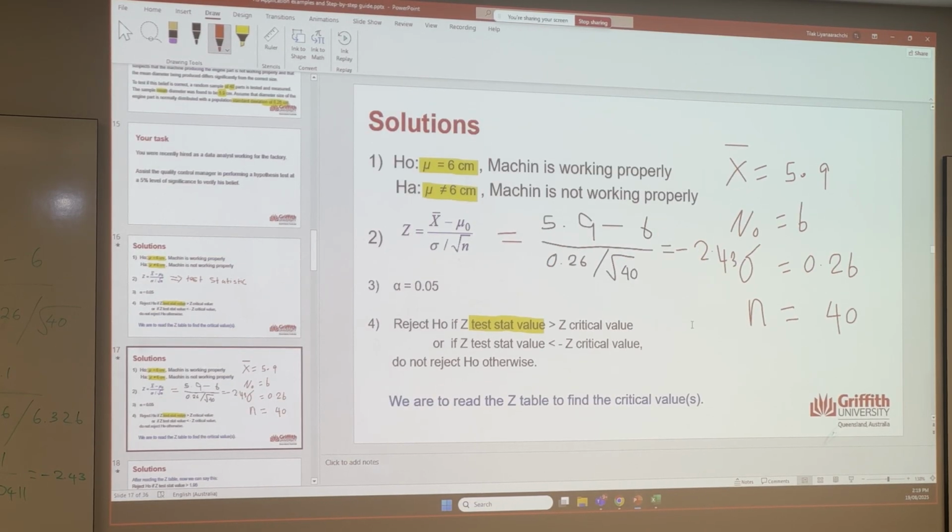Now can you make the decision? You have 2 critical values: one is 1.96, the other is minus 1.96. So what is your conclusion? Is there anything true here?